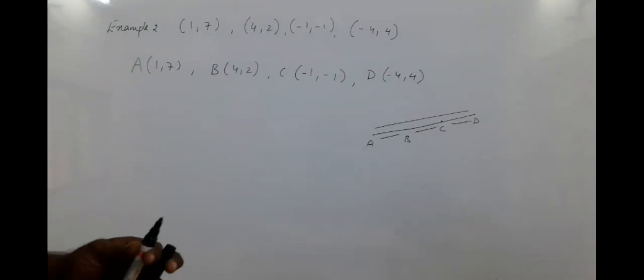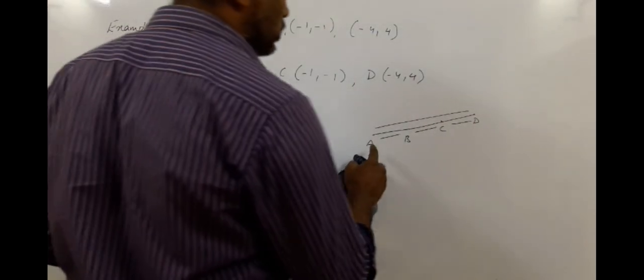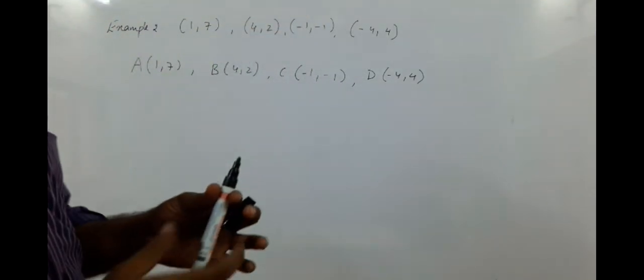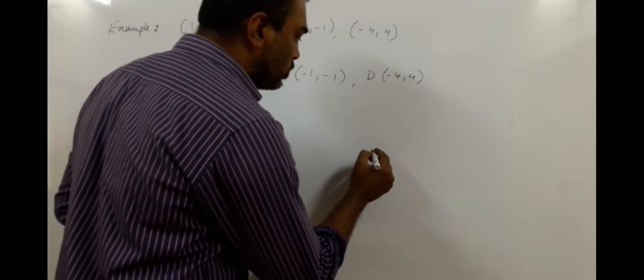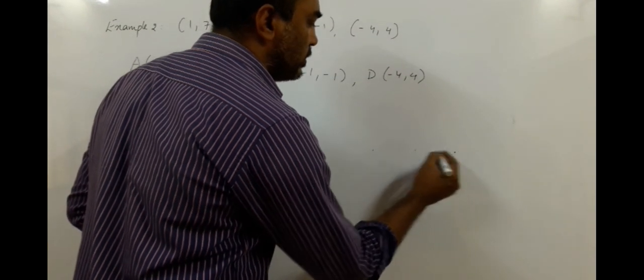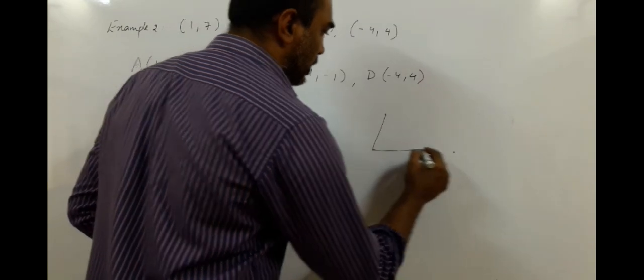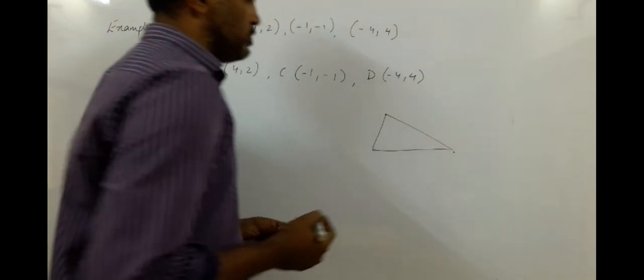So the first condition possible is that the 4 points can be collinear. Condition number 2, 3 points are collinear but 1 point is not collinear. Then it will form a triangle.